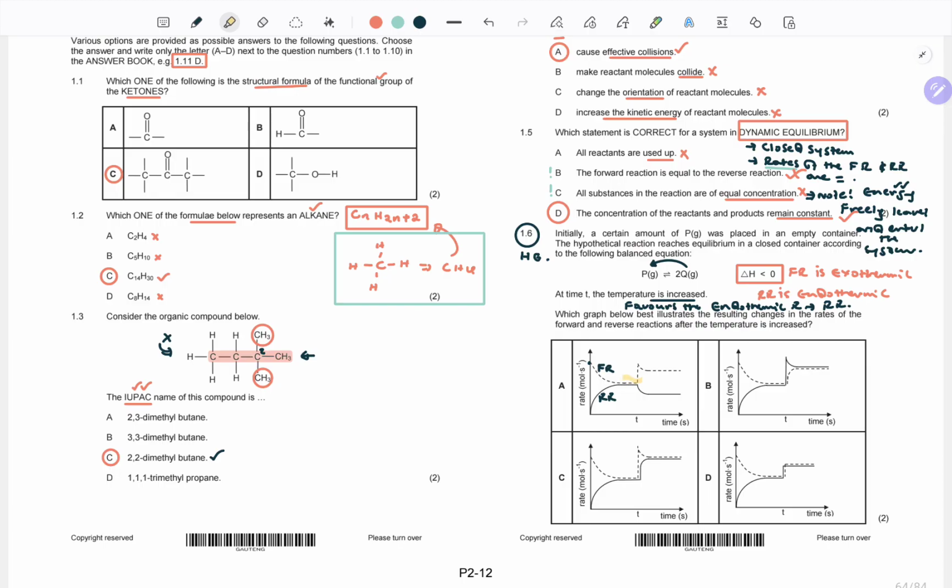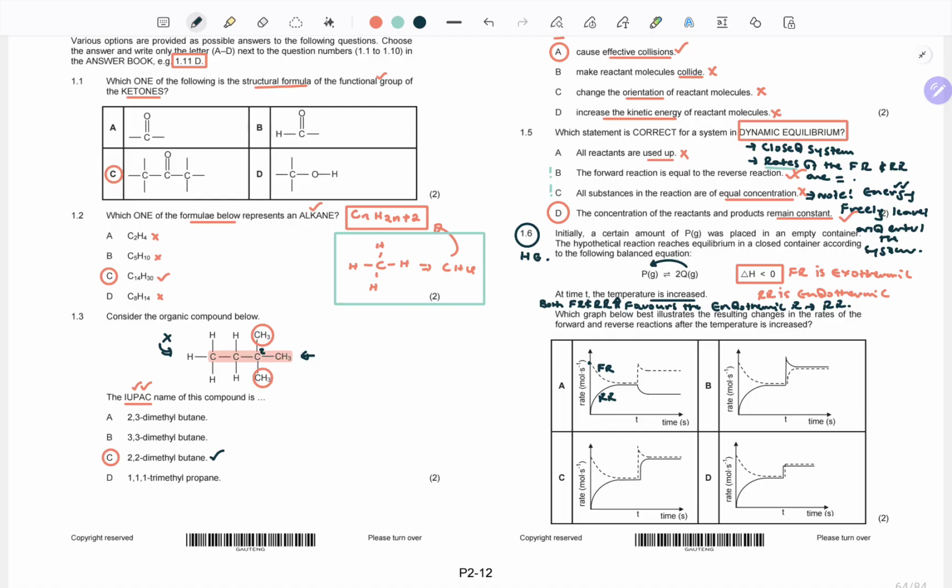Now let's see, they reach equilibrium here, but now we said, by the way, temperature increase will increase the two reactions, right? Because temperature increases the rate of reaction, so both reactions should increase, but it favors the endothermic one. So we can say here both the forward reaction and reverse reactions will increase, right?